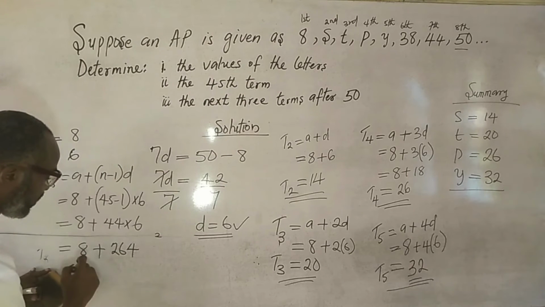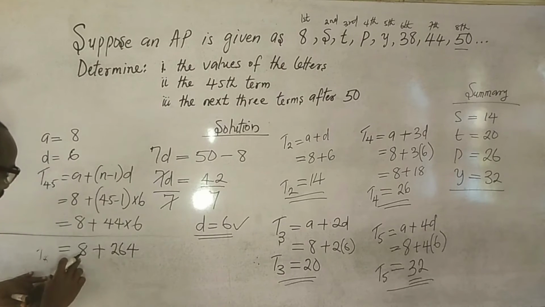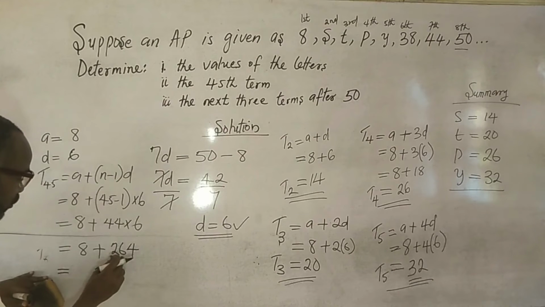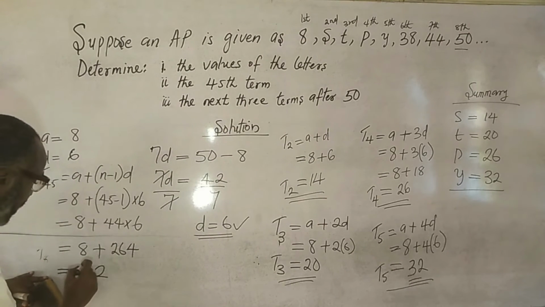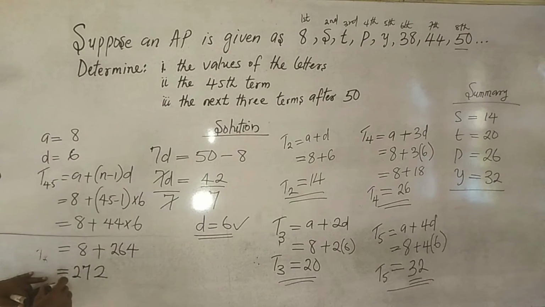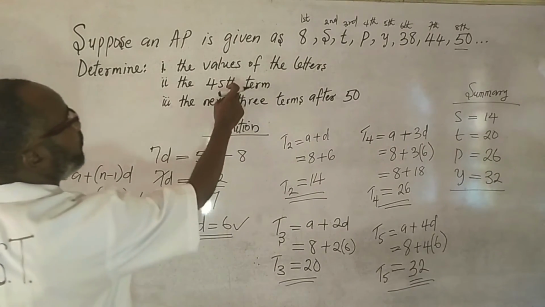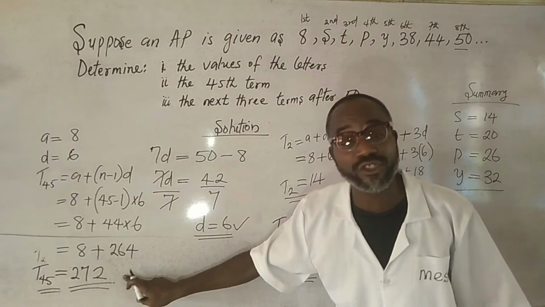Then 8 plus 26 is 34, and now we have 272. So T45, the 45th term here, is 272.